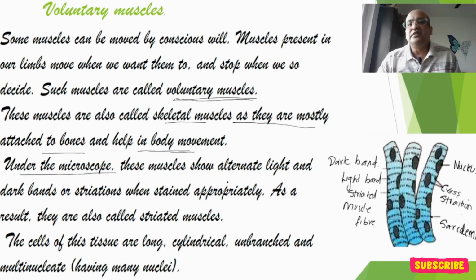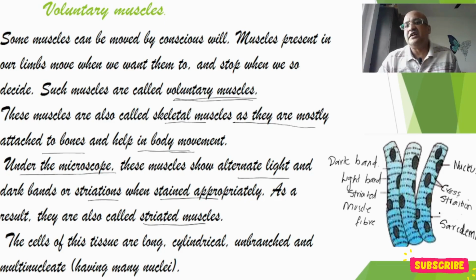The muscle shows alternate light and dark bands or striations when stained appropriately. As a result, they are also called striated muscles.